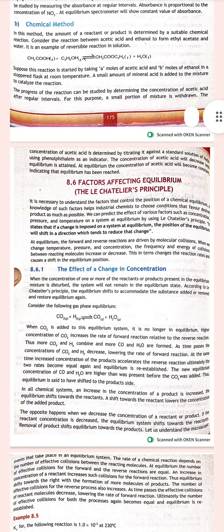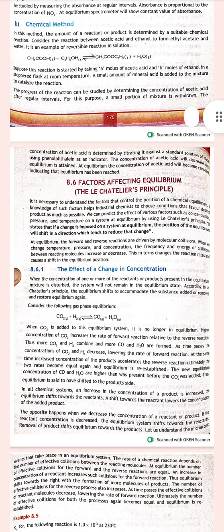For this purpose, a small portion of mixture is withdrawn. The concentration of acetic acid is determined by titrating it against the standard solution of NaOH using phenolphthalein as an indicator. The concentration of acetic acid will decrease until the equilibrium is attained. At equilibrium, the concentration of acetic acid will become constant, indicating that equilibrium has been reached.